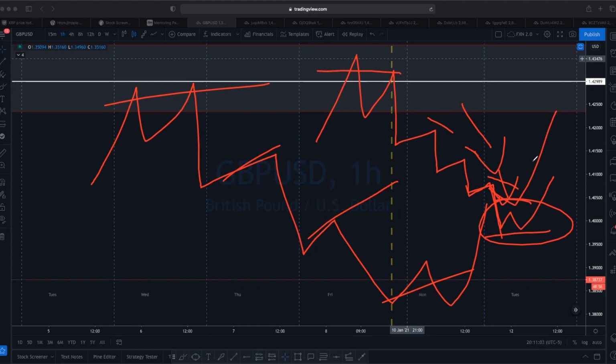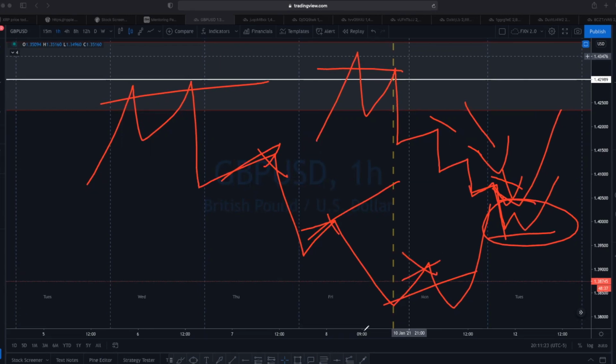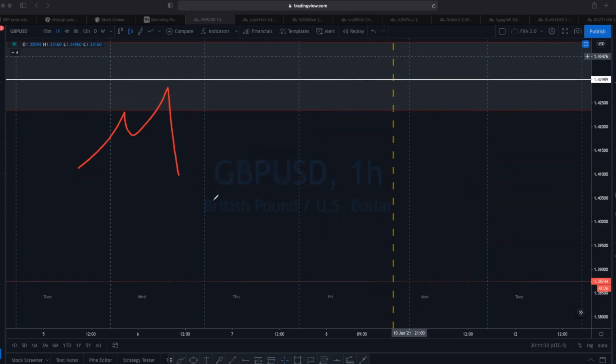You have to think about the psychology of how this works with retail traders. The majority of retail traders are not going to get into the trend here. Some will get in here, most will get in here. Whenever you have a peak and you have level 1 and it drops, this gets the retail traders' attention.